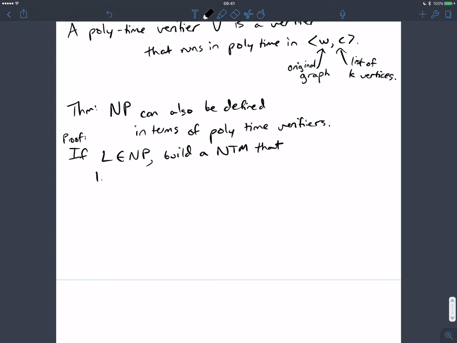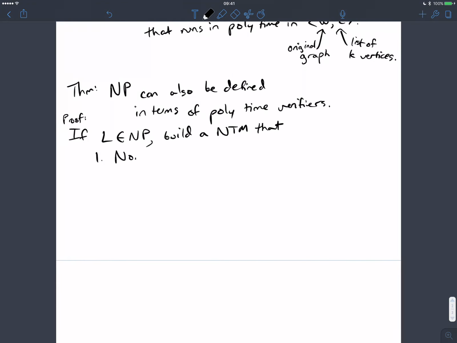What certificate should I feed to this verifier? Because I know it has one from assumption. Well, I don't know what certificate to feed it. Have this non-deterministic machine guess it. Because it's a non-deterministic device, can it just guess the certificate? Yeah, because it's non-deterministic.